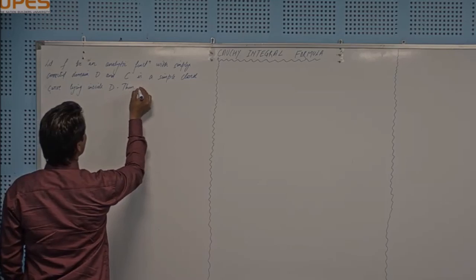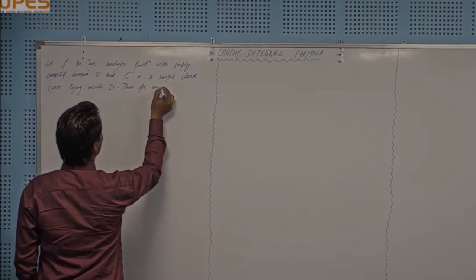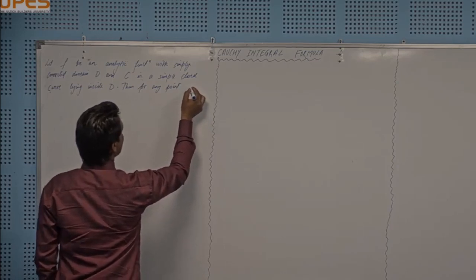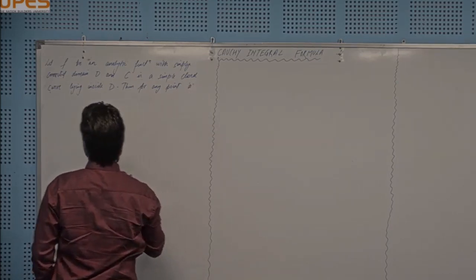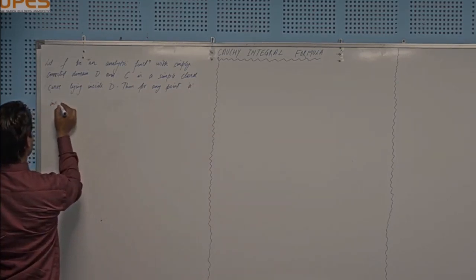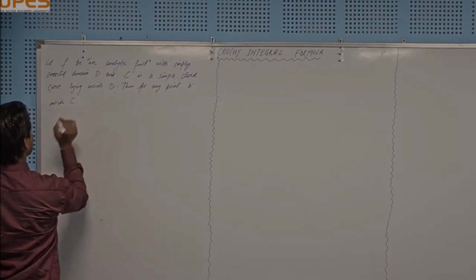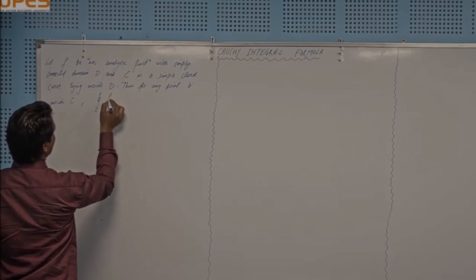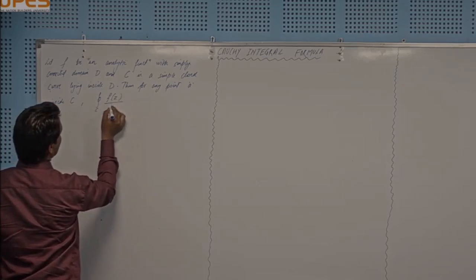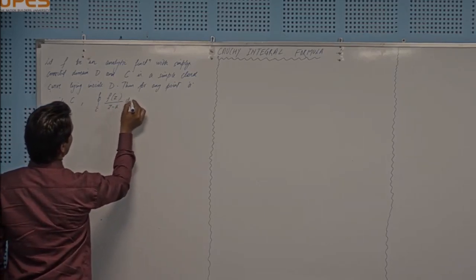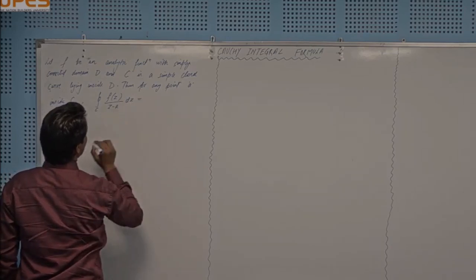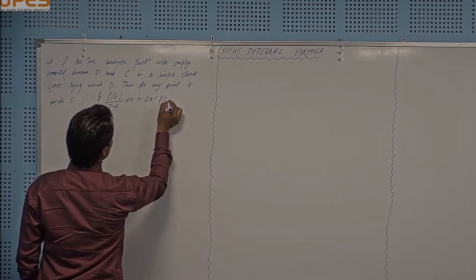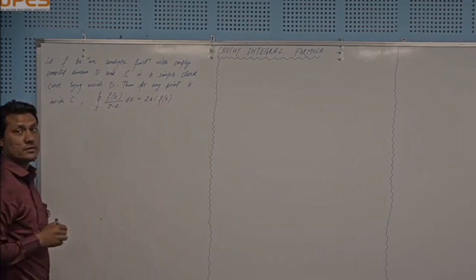Then for any point small a inside C, the value of this integral is equal to 2 pi i times f of a, right?